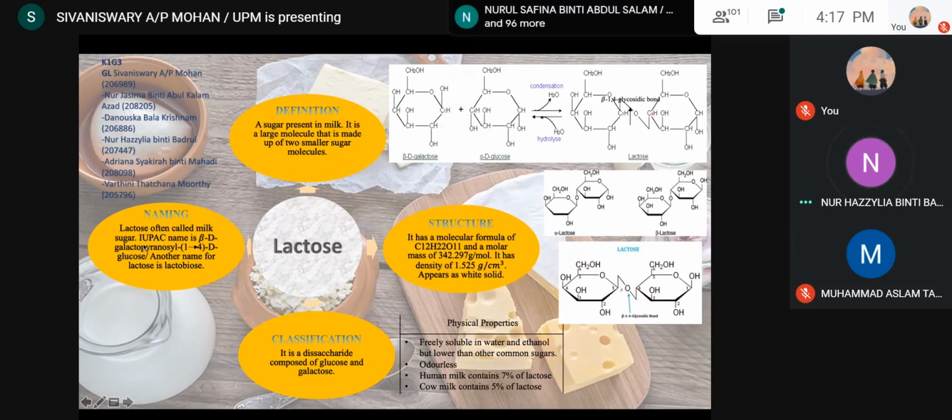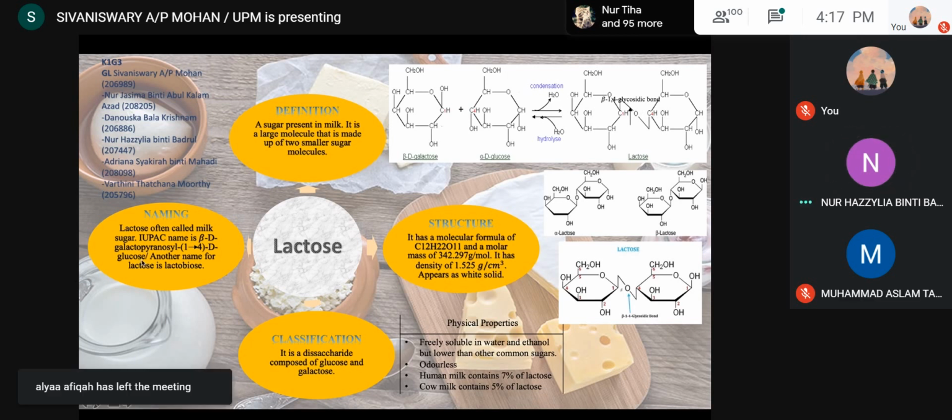And the IUPAC name is beta-galactopyranosyl-1,4-D-glucose. The 1 arrow 4 shows the linkage of beta galactose, which is bonded with its carbon 1, to the alpha glucose at the carbon 4. Another name for lactose is lactobiose. Next.